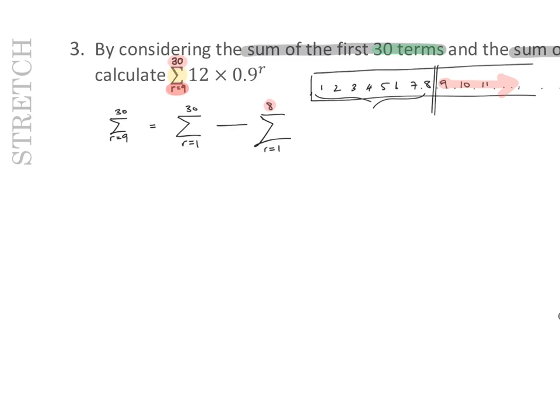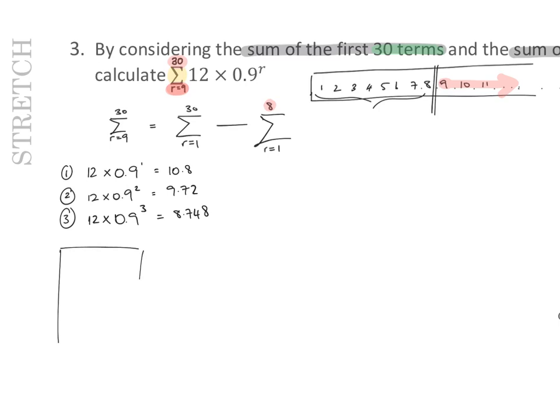Now to find those sums, we still need to do the same as usual. So we need to generate the first couple of terms. So 12 times 0.9 to the 1, 0.9 squared, and 0.9 cubed. Because we are multiplying by 0.9 each time, that tells us what our common ratio is.